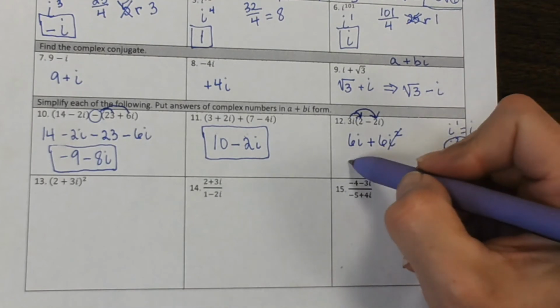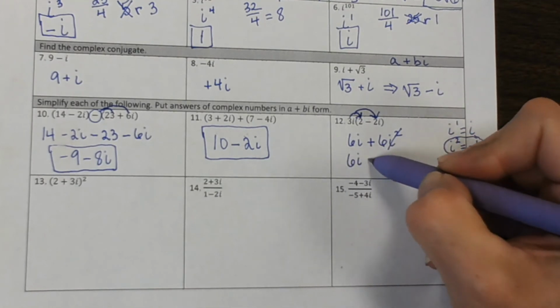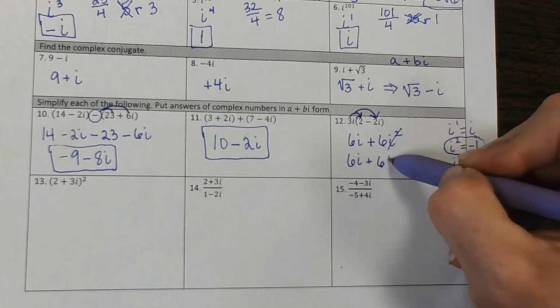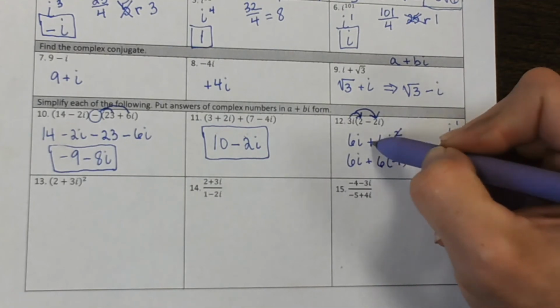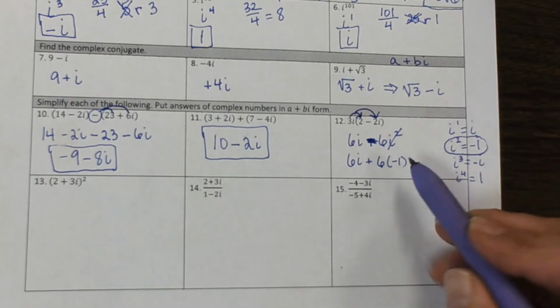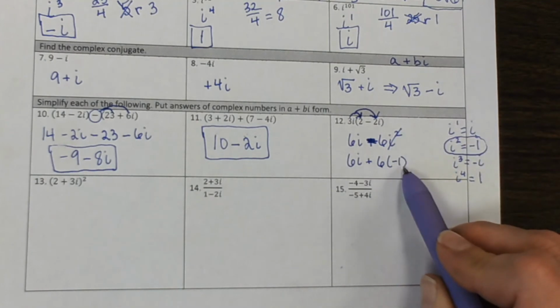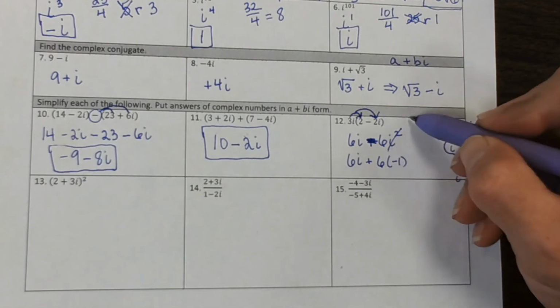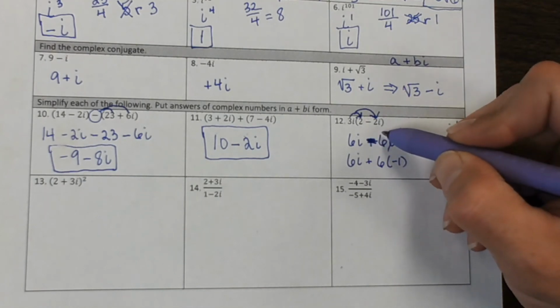Because what really happened there was that we have the 6, and we said, well, we can simplify that i squared to make it a negative 1. This was minus, so we would have 6 times negative 1 would make that negative 6. So usually you'll always just see me cross out the term and change the sign in front of it.